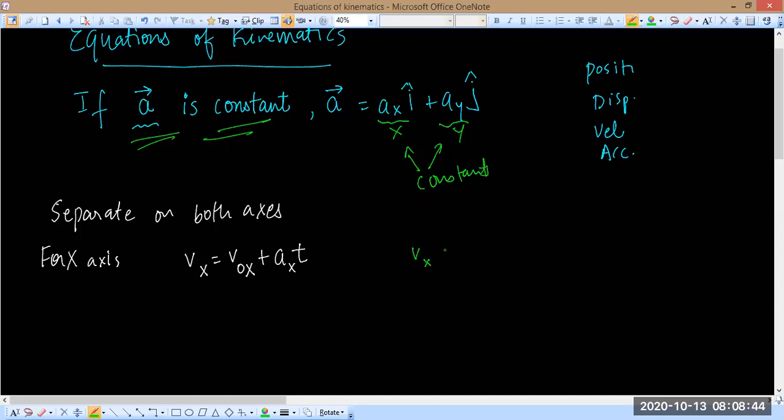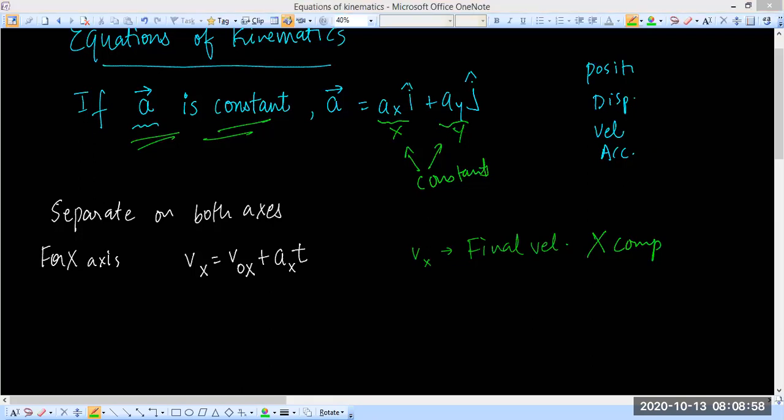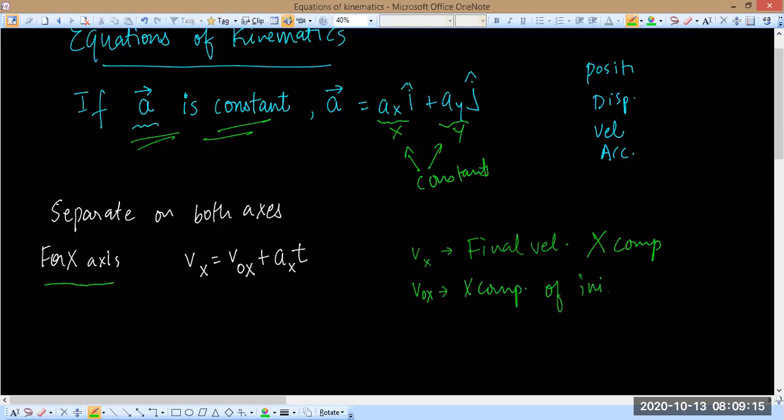Here Vx means final velocity's x component. Yes, I agree, this is V equal to V0 plus AT, but we are using this for x axis. Then similarly V0x is the x component of initial velocity. Ax stands for x component of acceleration.